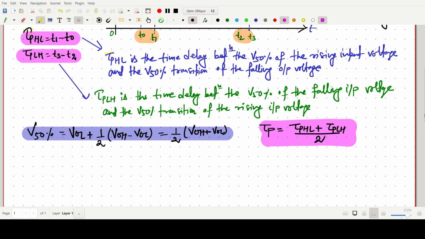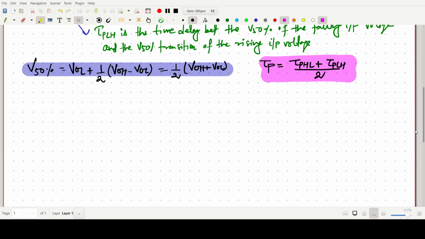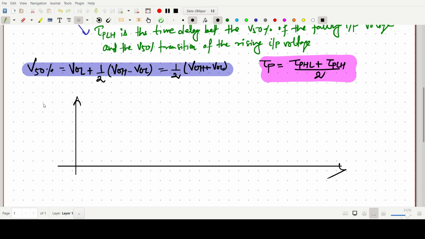In addition to that, one more definition we can say, that is also very simple. I want to show it in terms of V10% and V90%. For example, this one is our output curve, and we are just making the output waveform from VOH, and the output is increasing like this.